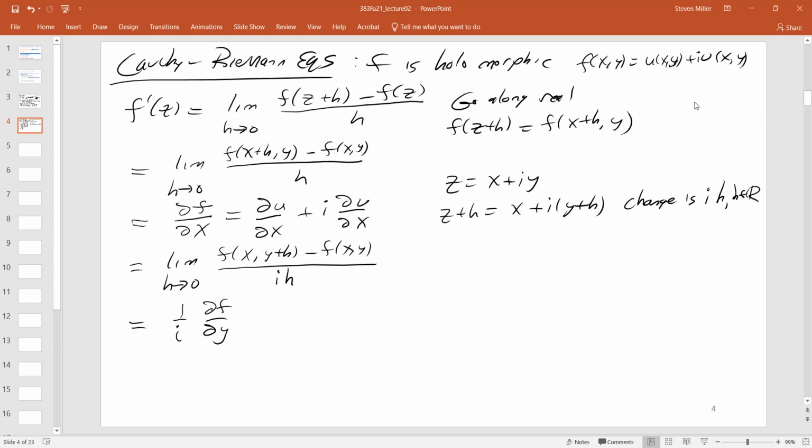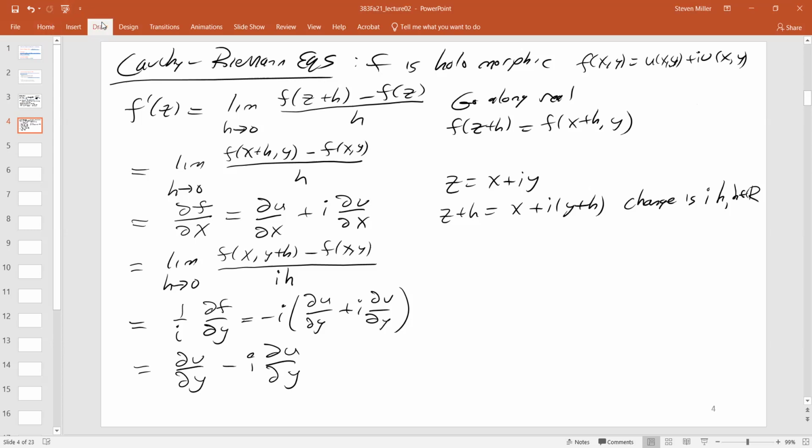Now, 1 over i is the same as negative i. So this would be the same as negative i times du dy plus i dv dy. Or it's the same as, negative i times i is 1, so it's dv dy minus i du dy.